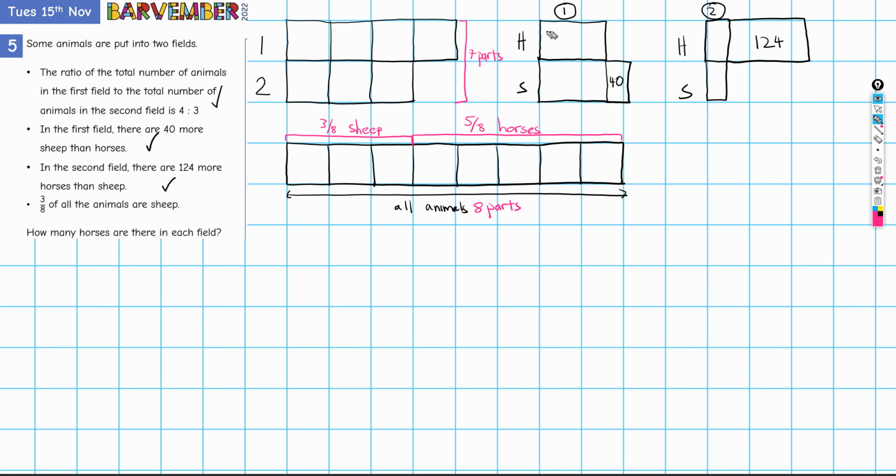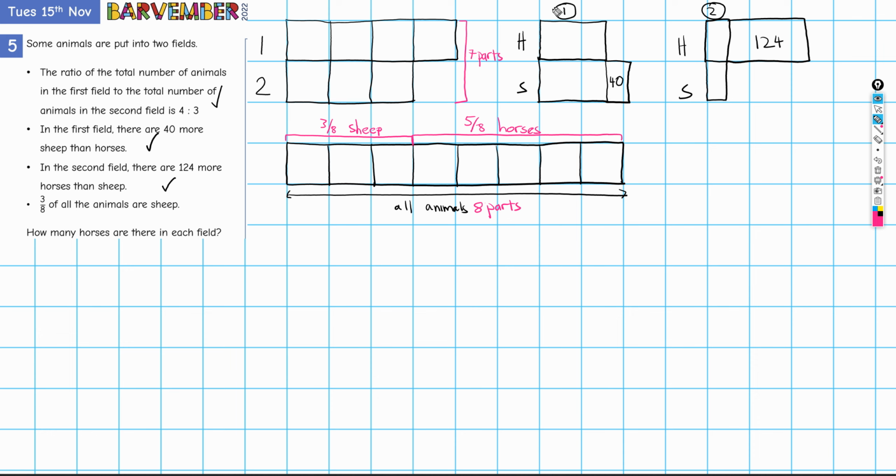we need information about, going back to the question, how many horses are there in each field? Okay. Now, so we're wanting to separate out the horses and sheep. And it's only here in this part of the model that we have some values.